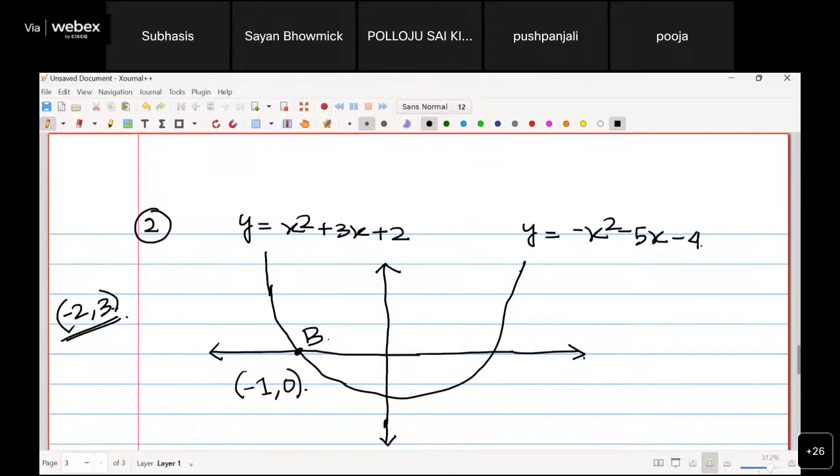They intersect at 2 points, A and B. So you are saying A is -2 comma 3. If I substitute -2 here, what I am getting is 4, plus -6, plus 2.